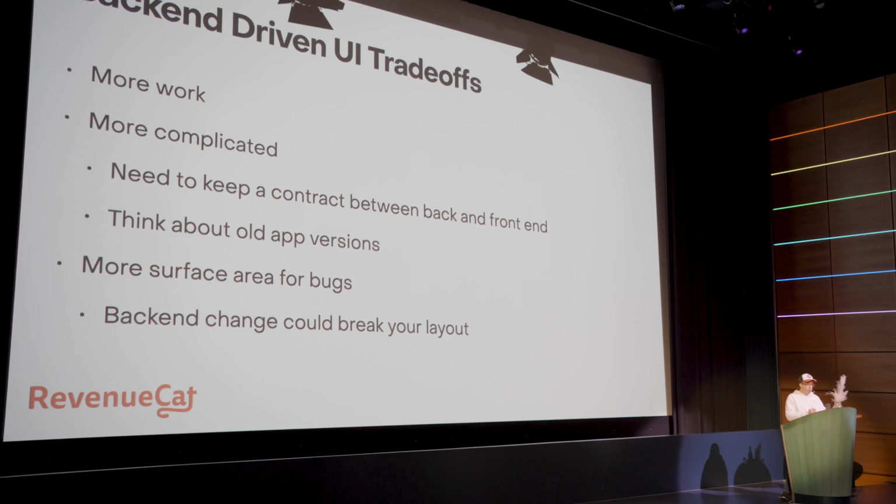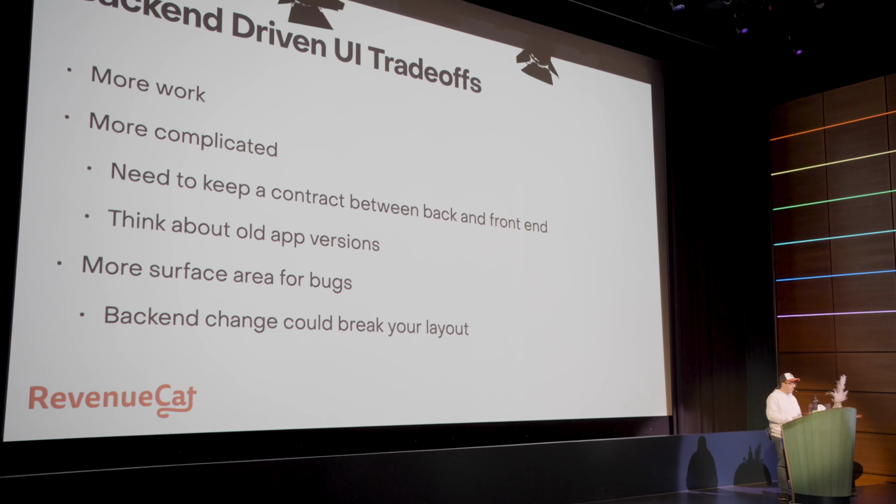So before we get into more specifics here, there's a couple trade-offs, right? If you drive everything from the backend, it's obviously going to be quite a bit more work because it's more complicated. You have to define a contract between your backend teams and your front end teams. And as we all know, you then have to deal with old versions of your app. And this gets really complicated with UI sometimes, especially because it's not just old versions of your app, but old versions of iOS.